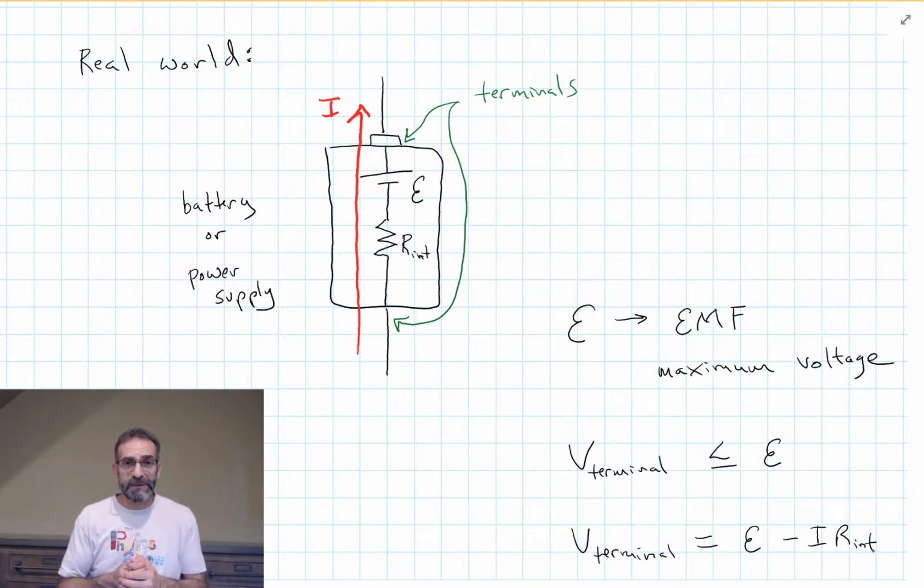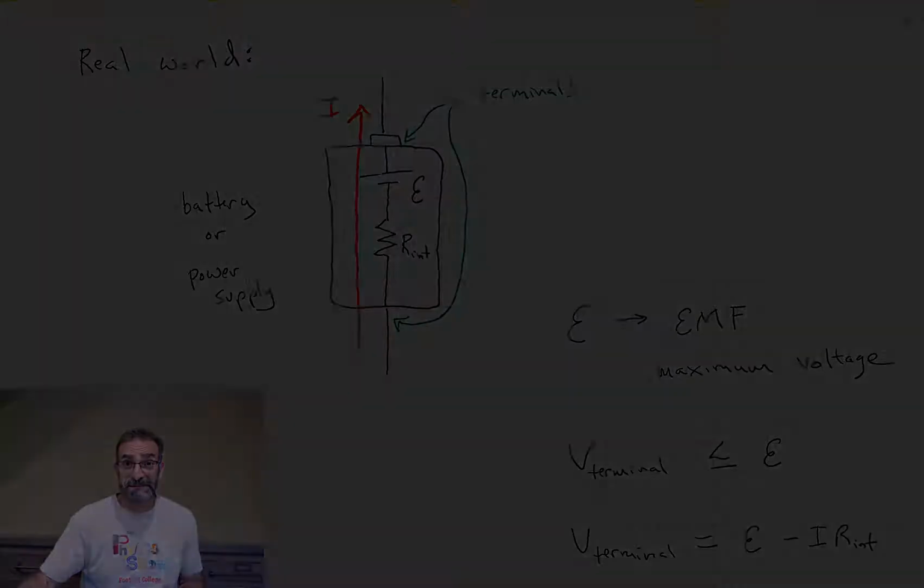The more current we flow, the bigger the deviation is, because we're subtracting IR from our maximum value. That means in order to measure the actual EMF of the battery, current cannot be flowing.